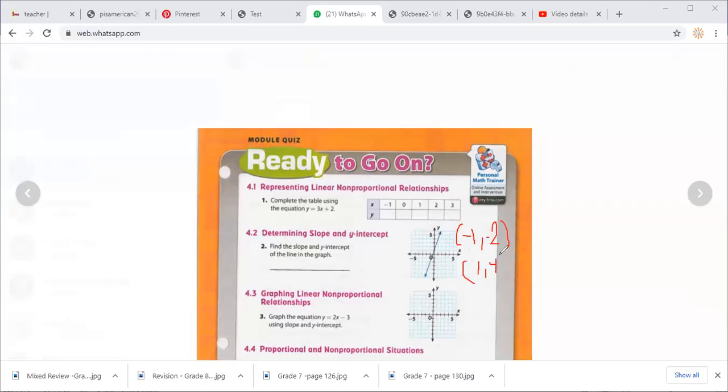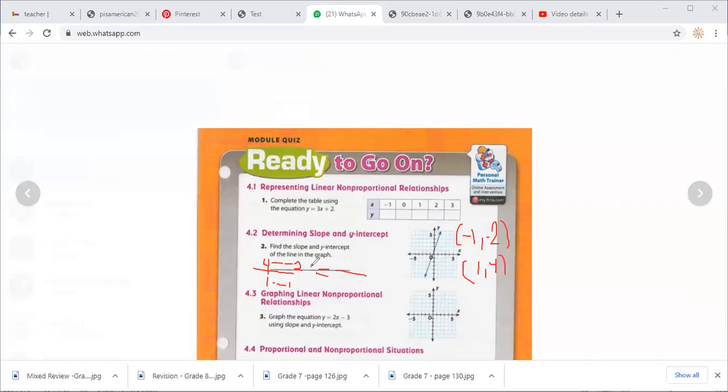Okay. And we want to use the formula. The formula will be y2 minus y1 over x2 minus x1, which means 4 minus -2 over 1 minus -1. Don't forget that negative times negative becomes positive.